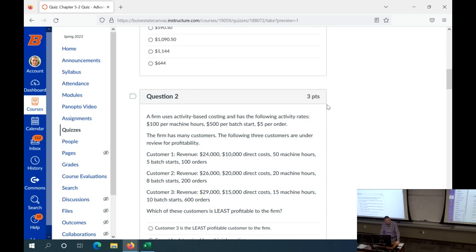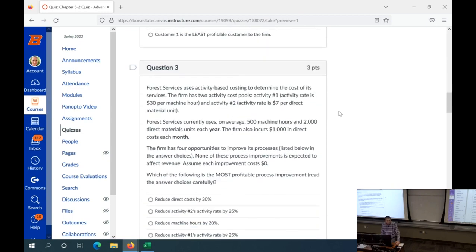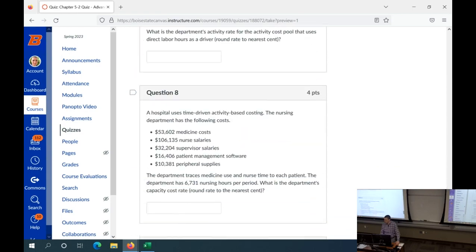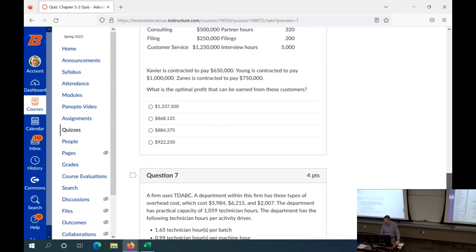A, B, C, D, E, F, G. And then it asks: what is the new activity rate for cost B? Okay, yeah, that's another style of the open answer approximated ABC question. Let's look at that.